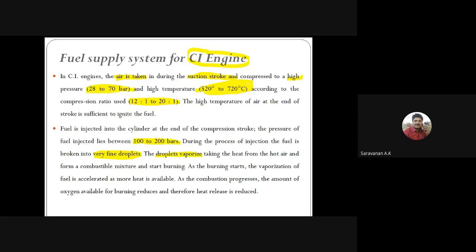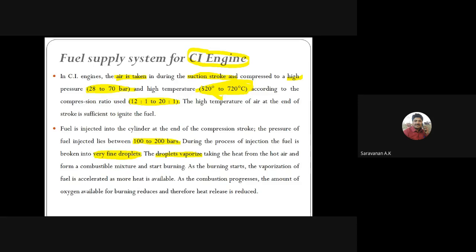Those droplets will be vaporized, and they will take the heat from the compression stroke of the air. So here we can get a temperature of 520 to 720 degrees Celsius.